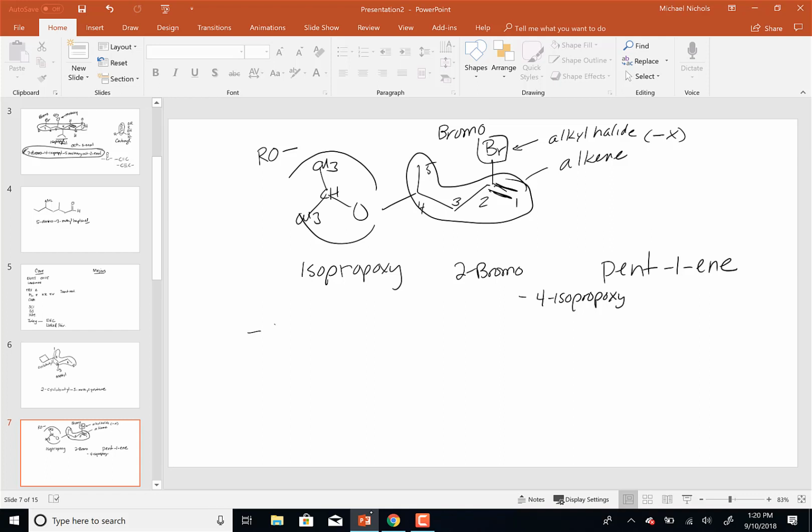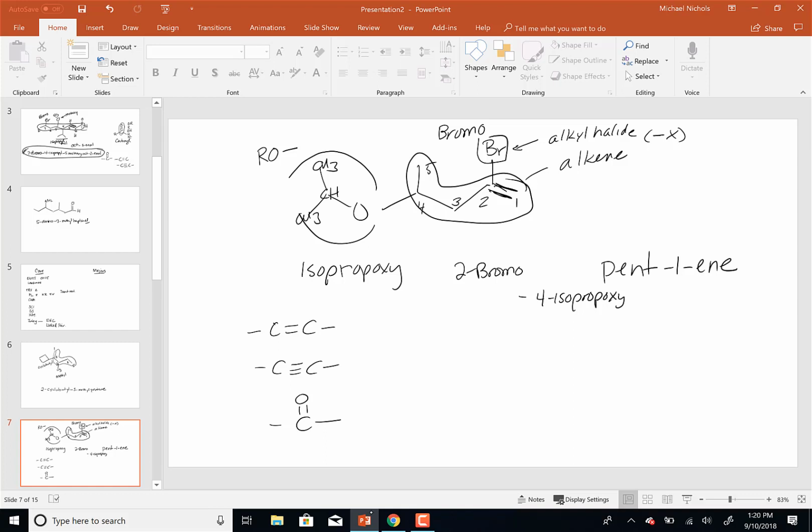So things like the double bond can be part of the longest chain. The triple bond can be part of the longest chain. A carbonyl of a ketone group can be part of the longest chain.